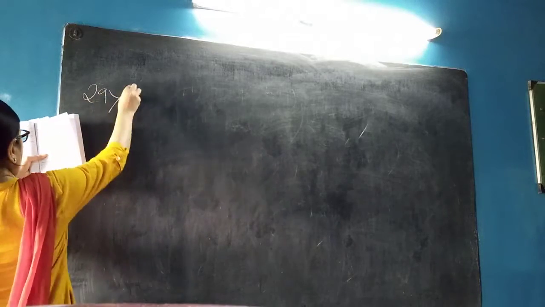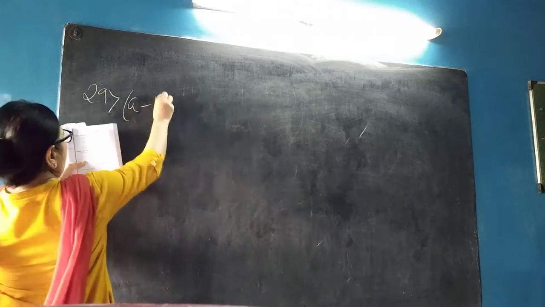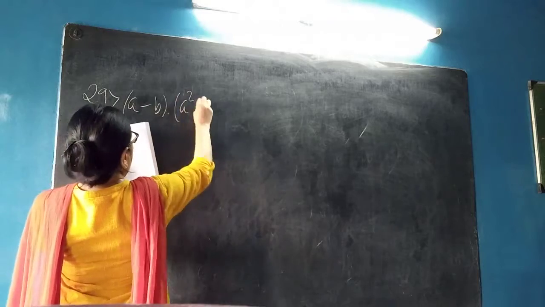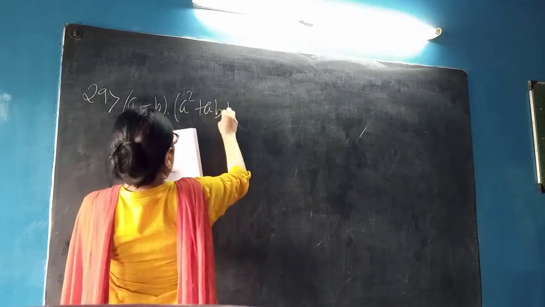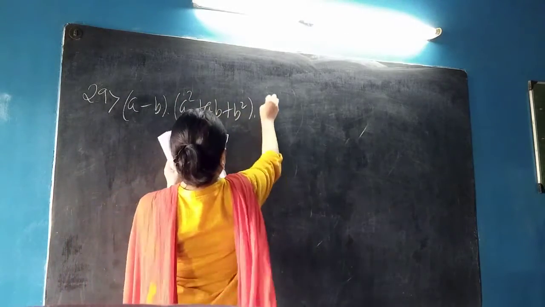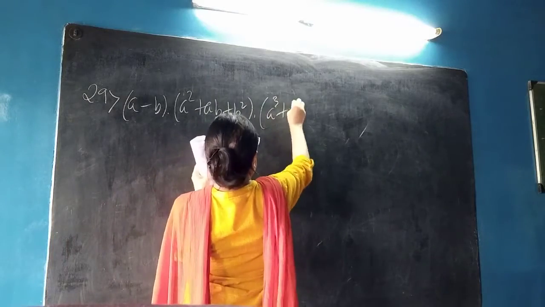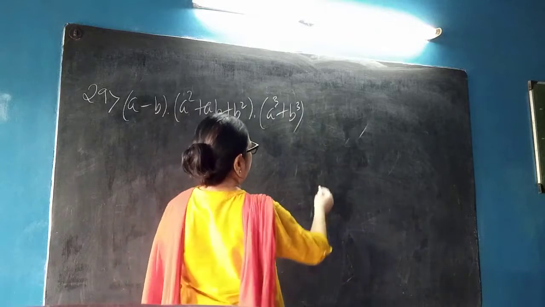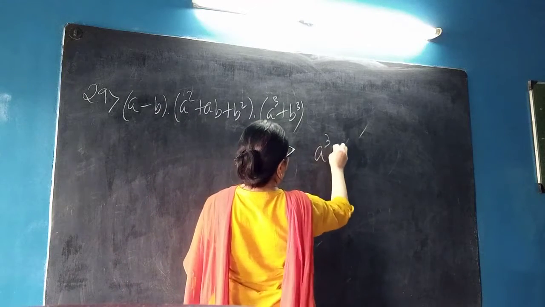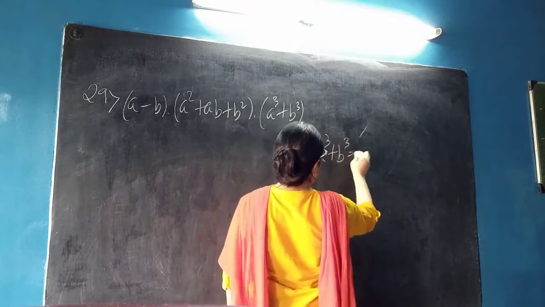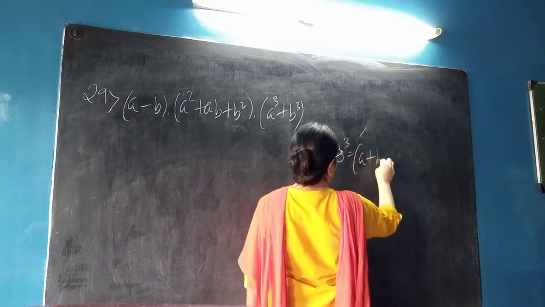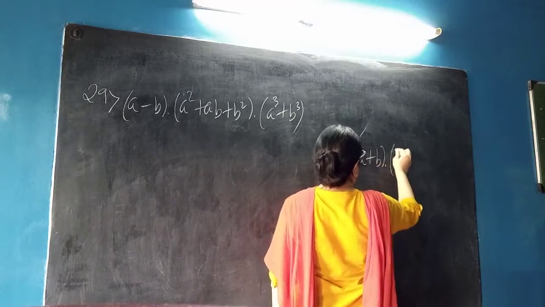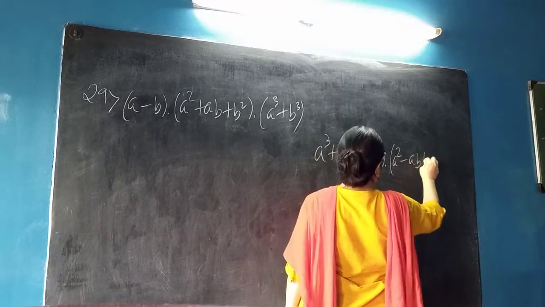That is 29: (a minus b)(a square plus ab plus b square)(a cube plus b cube). Already you know the cube formula. Ma'am has taught you. a cube plus b cube means a plus b into a square minus ab plus b square.